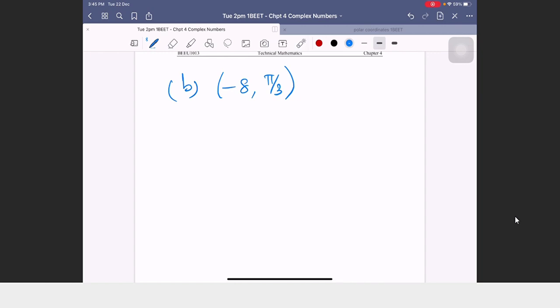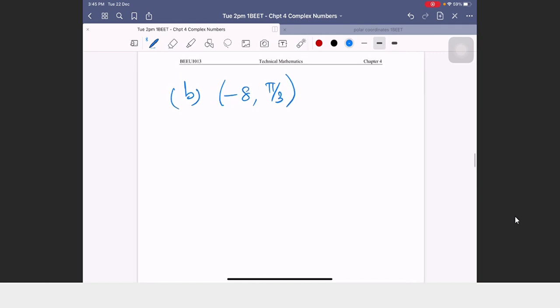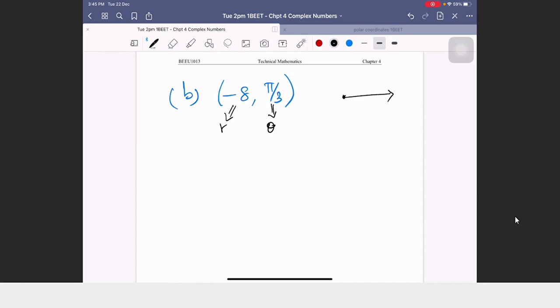Why? Because if we try to plot this, remember, in this case this is r, that is theta. So if we were to plot this, from the pole, go along the polar axis, and then we measure pi over 3.